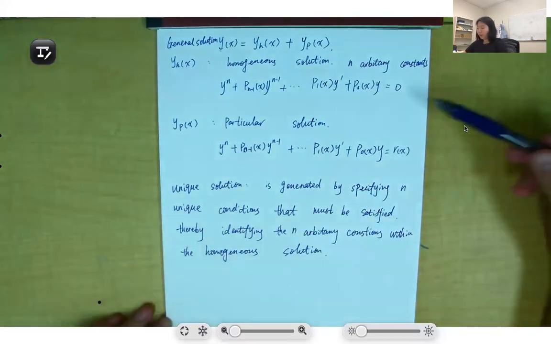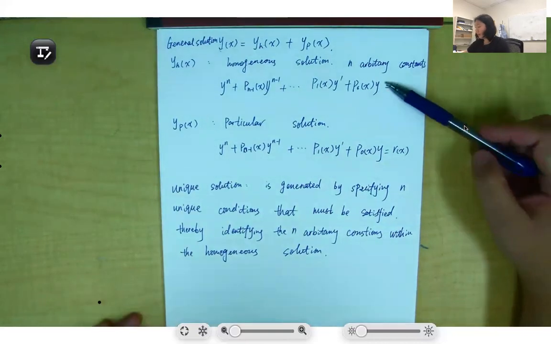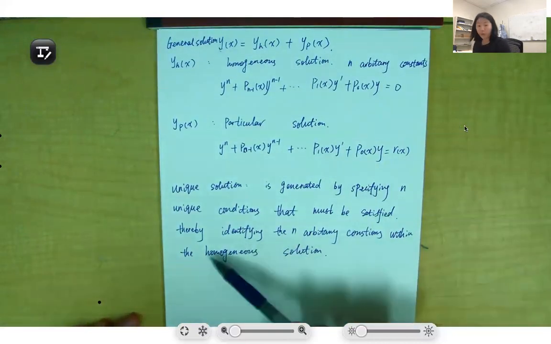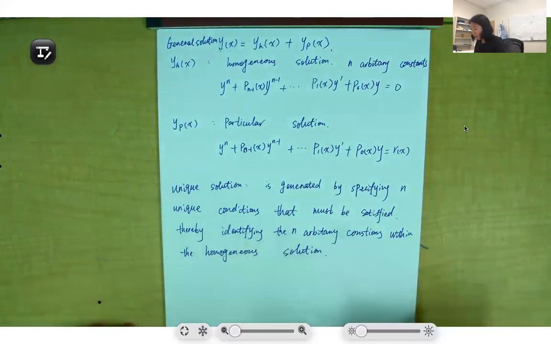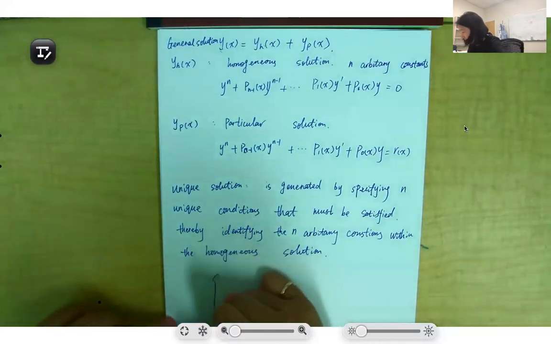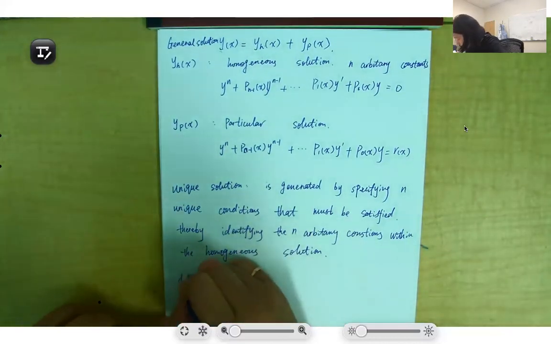So those arbitrary constants can be identified using the unique conditions. And these conditions can define arbitrary values.